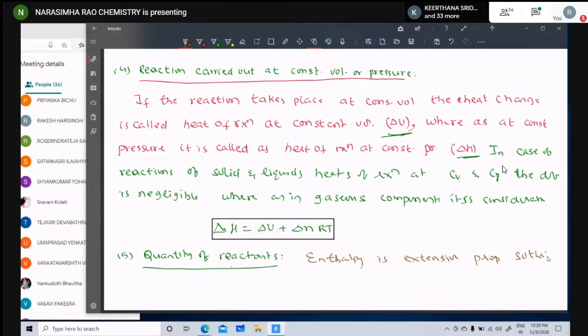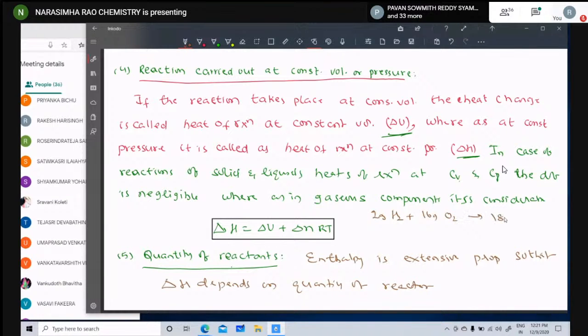So delta H depends on the quantity of reactant. For example, children, 2 grams of H2 plus 16 grams of O2 gives rise to 18 grams of H2O.